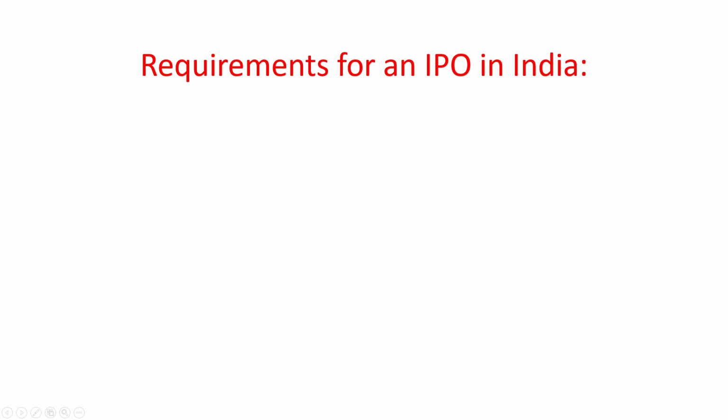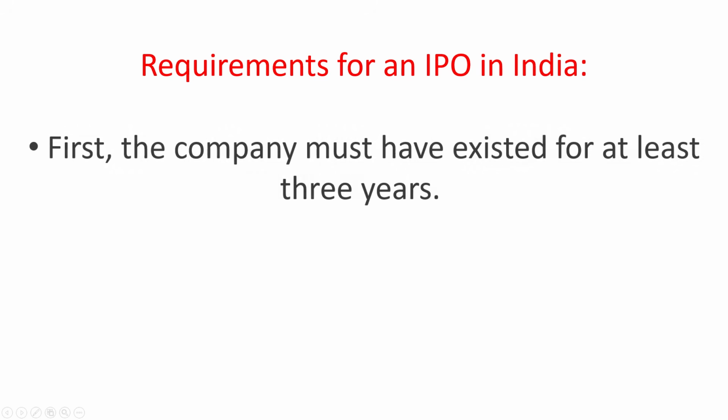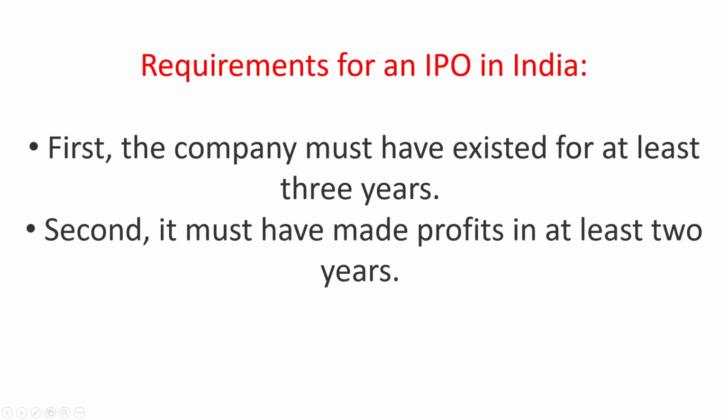So the company, if it wants to go for an IPO, must have existed for at least 3 years. Only after that can it go for an IPO. Next, it must have made profits in at least 2 years of its existence.